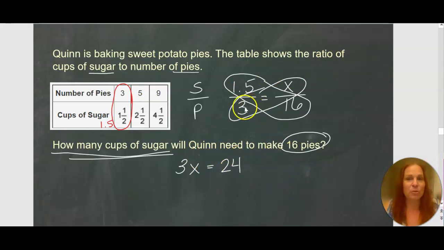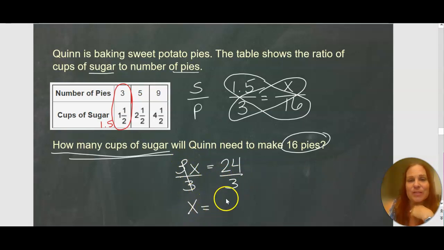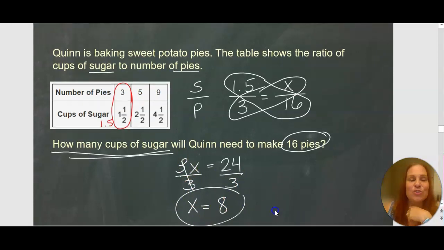So 3 times x equals 16 times 1.5, and I get this equation. And then this is a pretty simple one, right? We know that x is being multiplied by 3, so we have to divide by 3 to solve it. And x equals 8. So she will need 8 cups of sugar to make 16 pies.